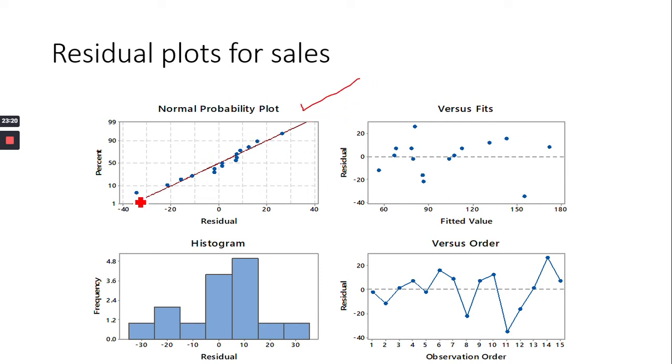We want these points to lie very close to a linear line. We don't want these points to be scattered far away from the line. If they are scattered, it means a violation of the normality assumption. Remember, we said that the residuals are normally distributed. So we use this plot and also this plot to check for normality.